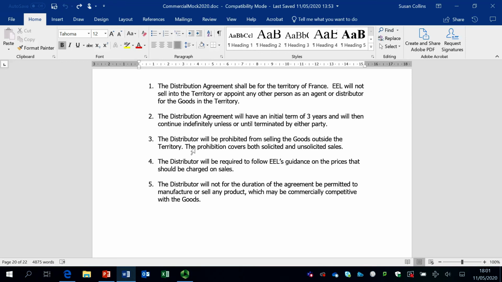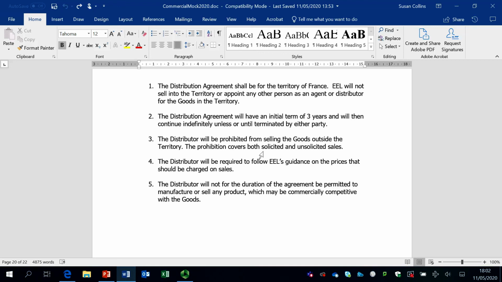You can have no restriction on passive selling, that's unsolicited sales that it refers to here. So those can't be restricted at all. The only restriction you can have on solicited or active selling is in territories that are reserved to the manufacturer or another distributor.